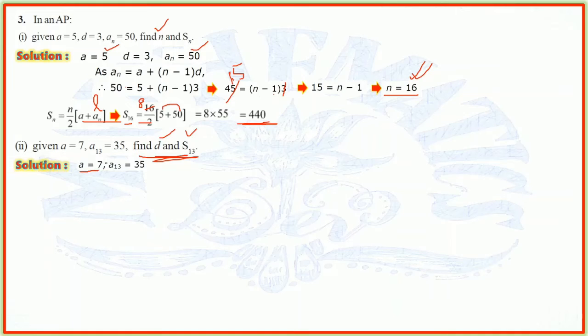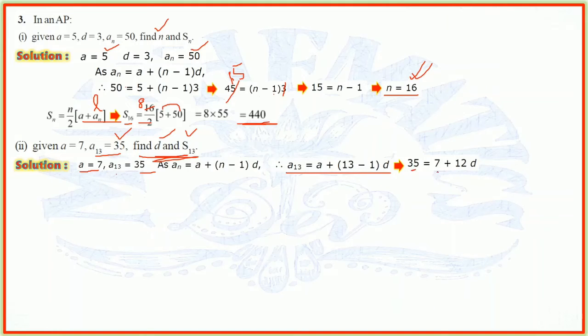A is given 7 and the 13th term is 35, that is a plus 13 minus 1 into d is equal to 35. So the formula is a13 is equal to a plus 13 minus 1 into d. We have just put 13 instead of n. Now the 13th term is given as 35, so we have put 35.